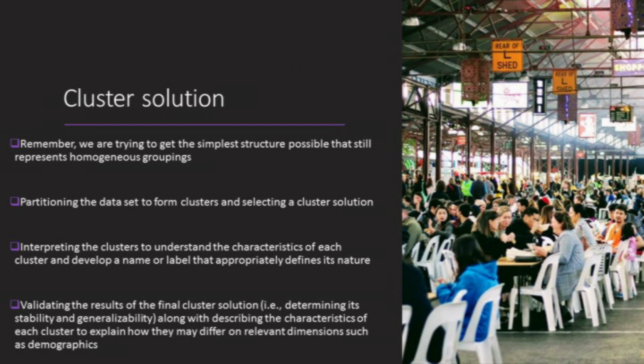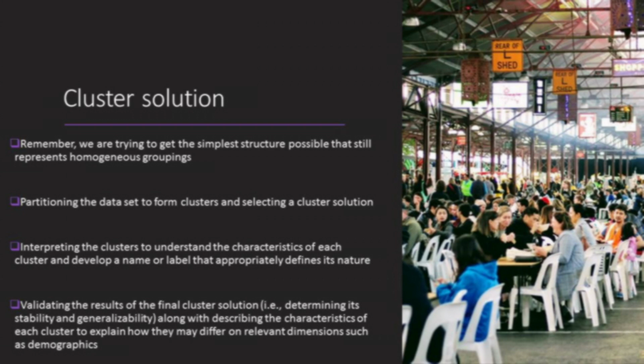Cluster solution. Now remember, we are trying to get the simplest structure possible that still represents homogeneous groupings: partitioning the data set to form clusters and selecting a cluster solution, interpreting the clusters to understand the characteristics of each cluster and develop a name or label that appropriately defines its nature, validating the results of the final cluster solution, determining its stability and generalizability, along with describing the characteristics of each cluster to explain how they may differ on relevant dimensions such as demographics.